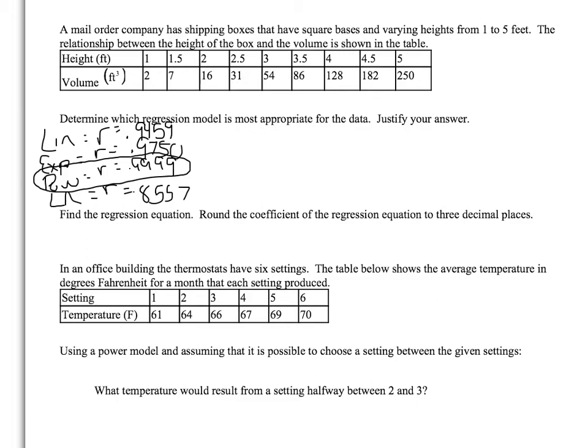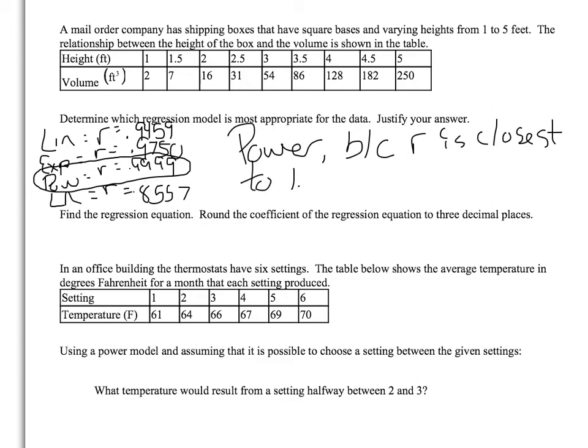So we have to go back to the power regression. So it's going to be stat calc, number A or letter A. It says which is most appropriate and justify. So we will say power. Sorry, we'll finish this question because R is closest to 1. Now it says come up with the equation.